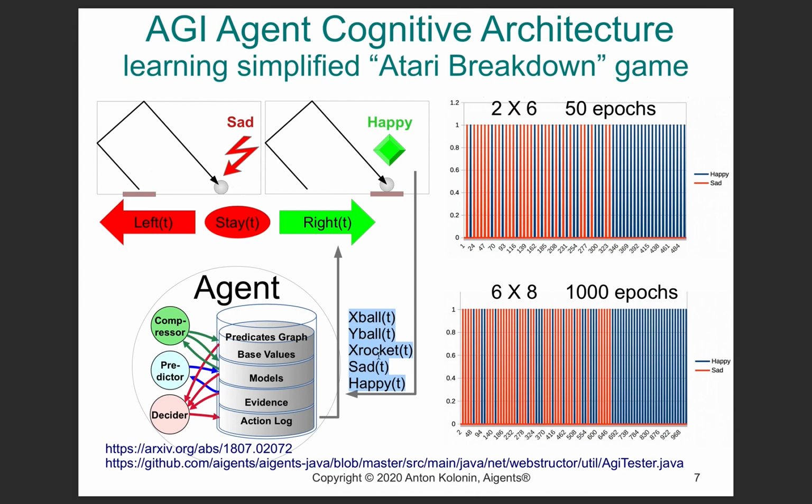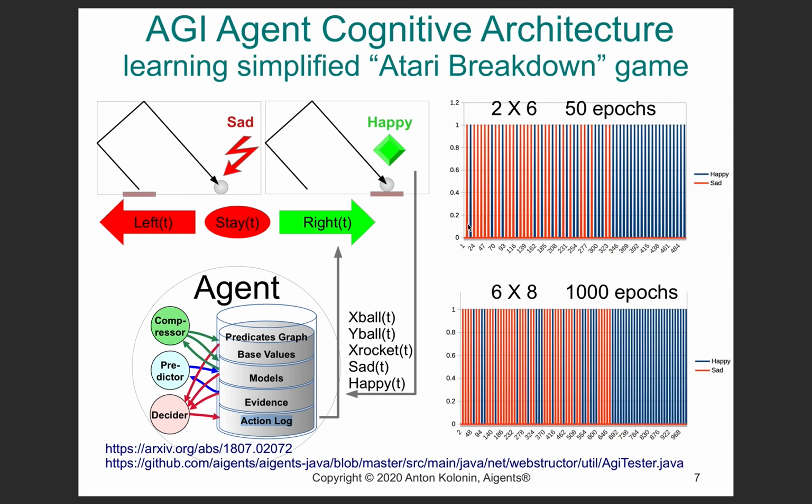So using just these 5 functions, having the values of these functions streamed into the agent's perception channel, the evidence log, and having the left and right movements generated by the agent in the action log, we can see the development of the agent's experience to handle this problem.